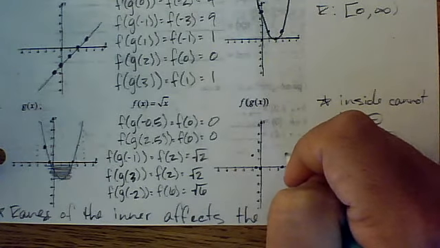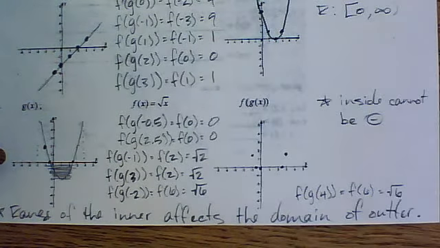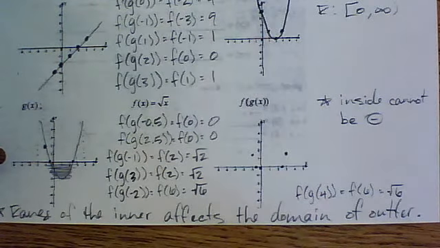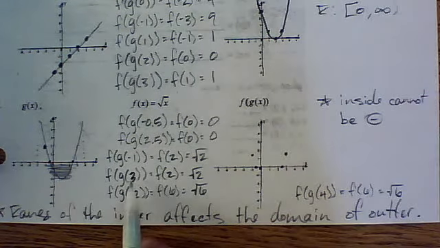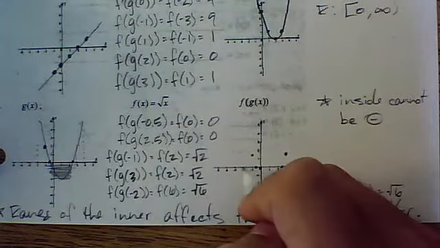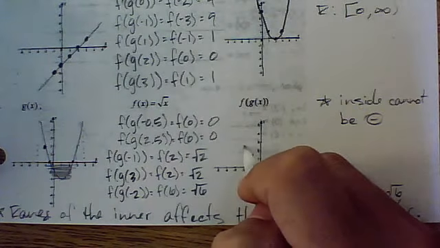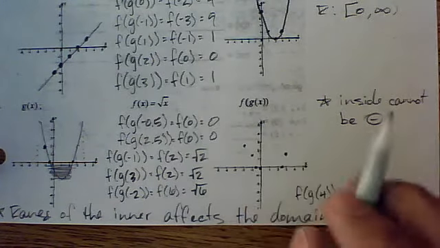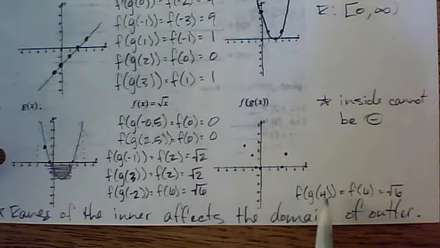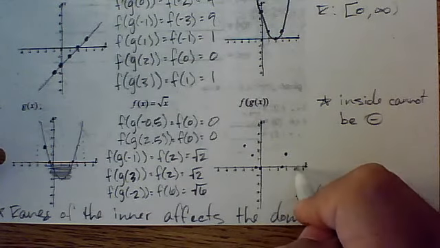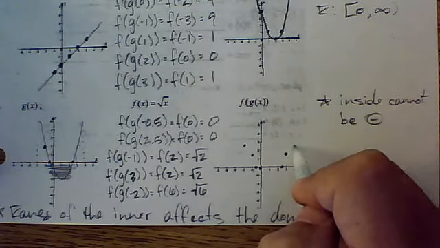Same thing. And then when I plug in a negative 2, I get square root of 6, so 2 point something up here. And when I plug in a 4, I get square root of 6.